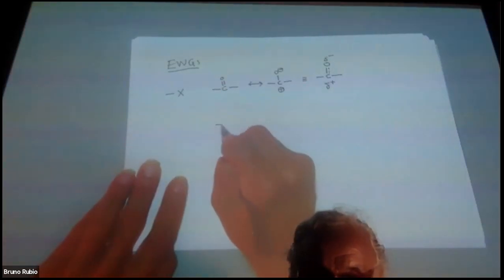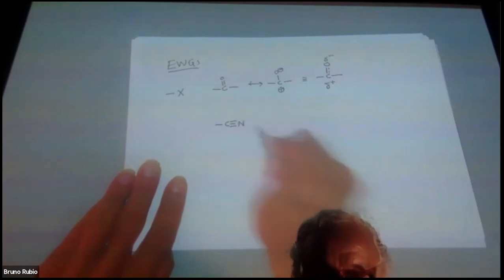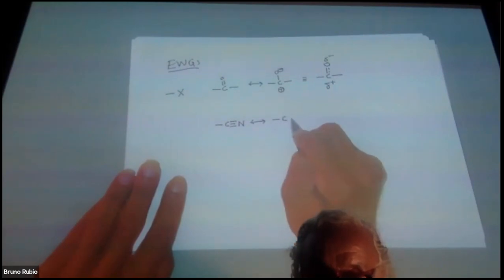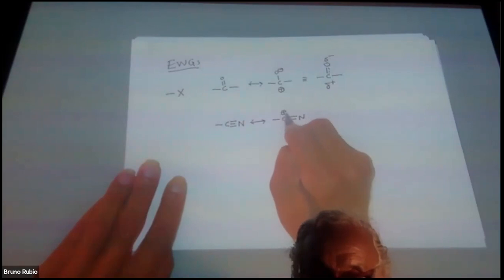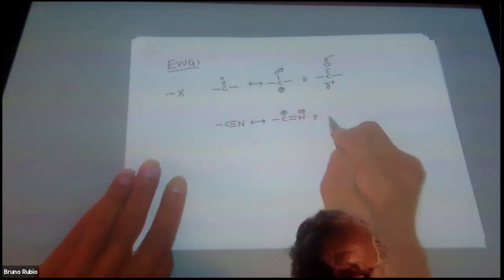Another electron withdrawing group would be the cyano group or the nitrile group, for the very same reason: we have a resonance structure in which we can put a positive charge on the nitrile carbon, a negative charge on the nitrile nitrogen.